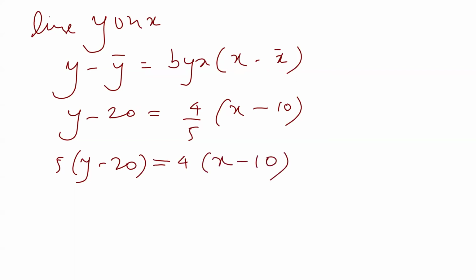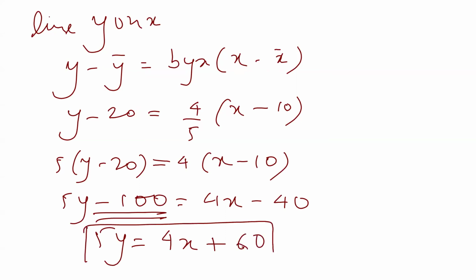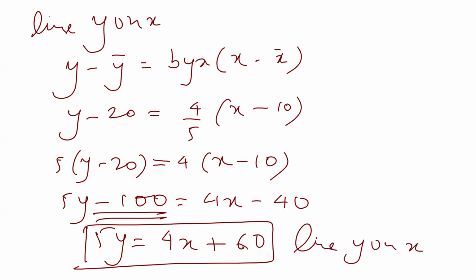So 5y minus 100, 4x minus 40. 5y is equal to 4x, plus this 100 will move on the right hand side, 100 minus 40, that is equal to 60. This is your line y on x. Okay, this is line y on x.